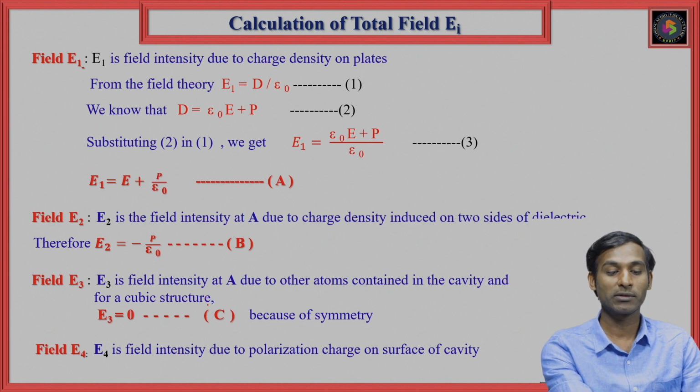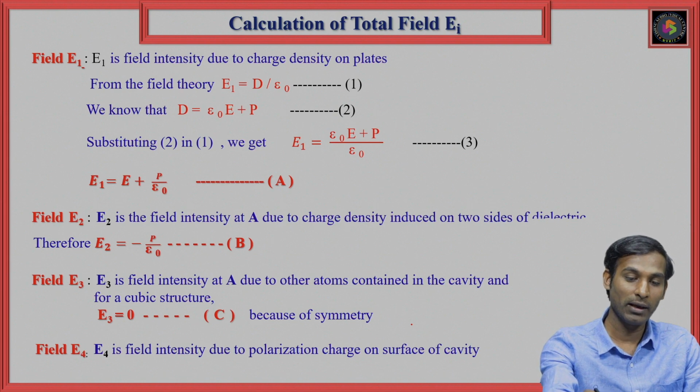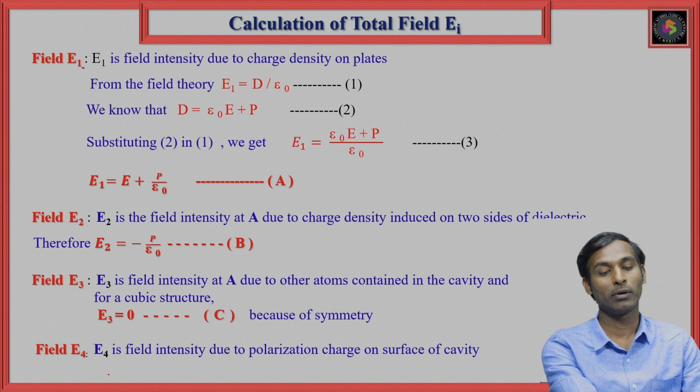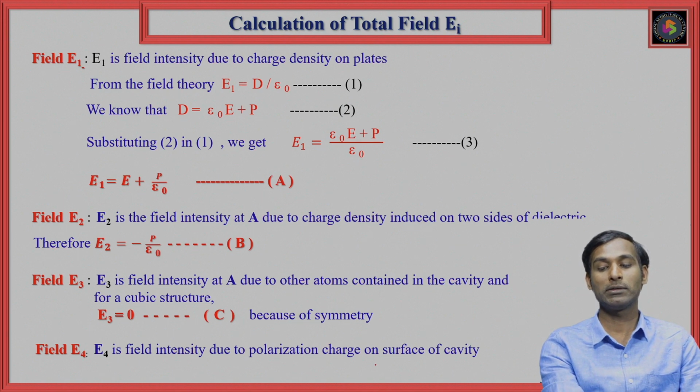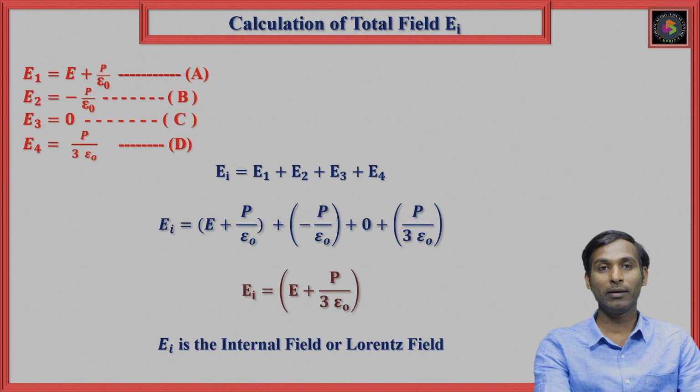It is for the cubic structure, right? So E3 is equal to 0 because of symmetric charge distribution. We have derived equations A, B, C and D. After that, field E4. E4 is the field intensity due to polarization charge on the surface of the spherical cavity.